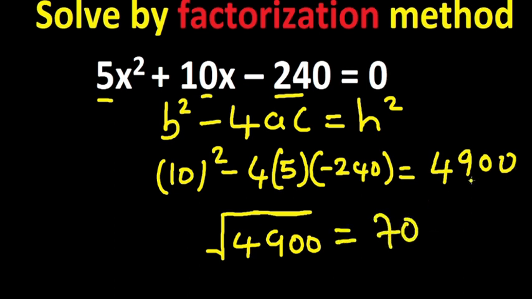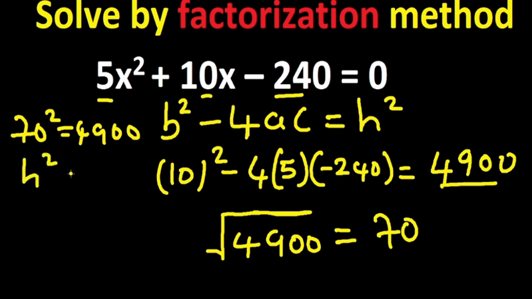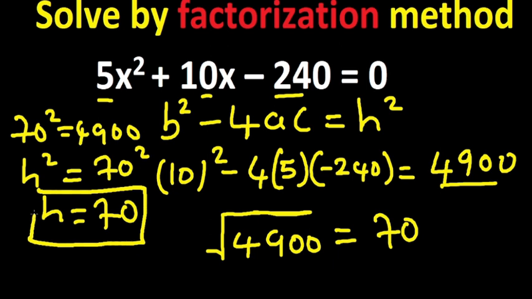So as you can see, 4,900 is the square of an integer, because 70 squared is going to give us 4,900. So that means h squared is 70 squared. So h is 70. So just take note of this value of h, which is the discriminant, because we're going to use it in the subsequent explanation as I show you the trick.